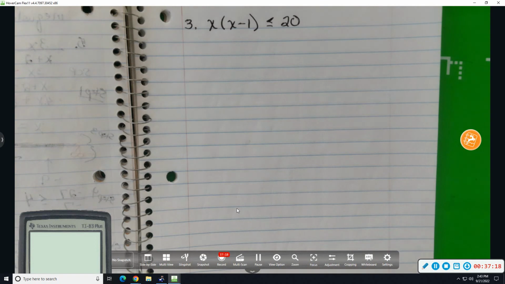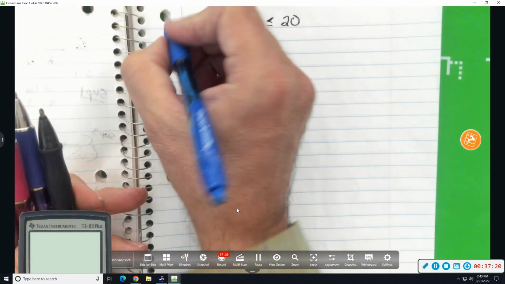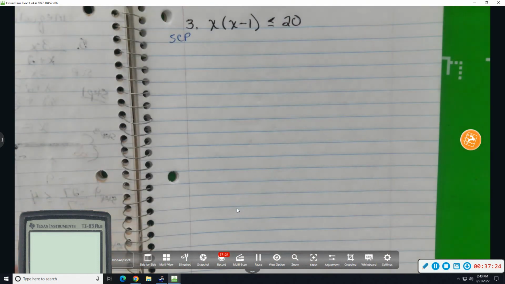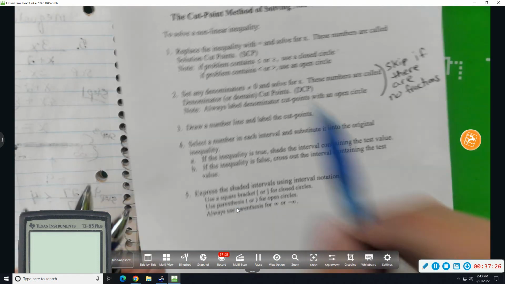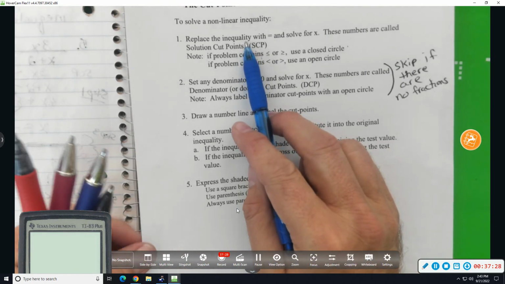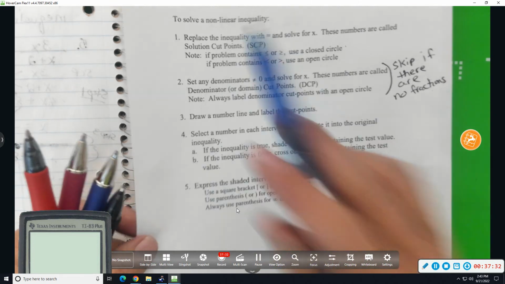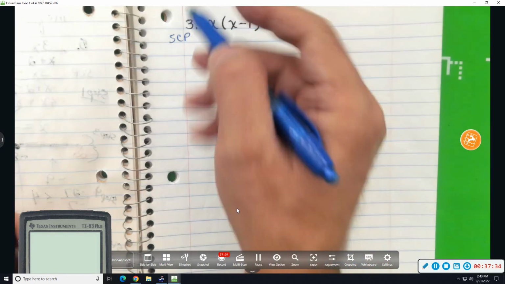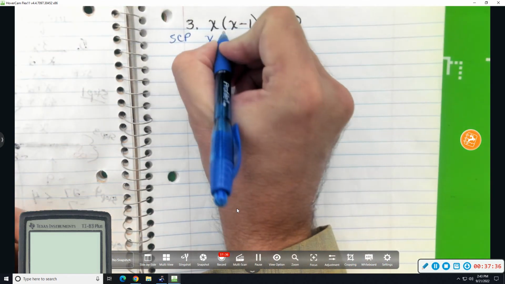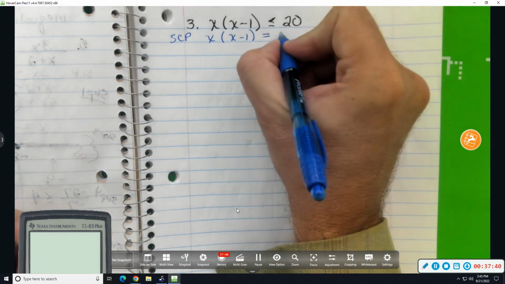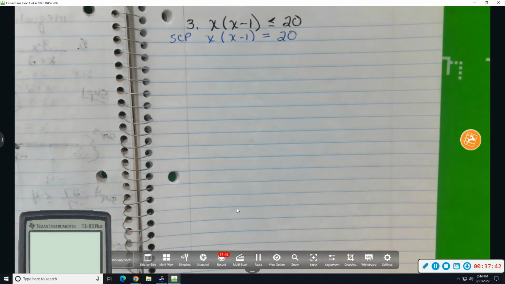So, starting with step 1, finding the solution cut points. Replace the inequality symbol with an equal sign and solve for x. Okay. So I'm going to have x times x minus 1 equals 20.